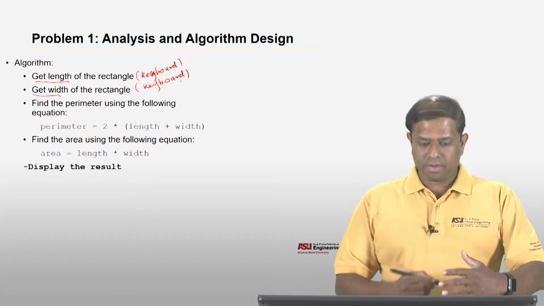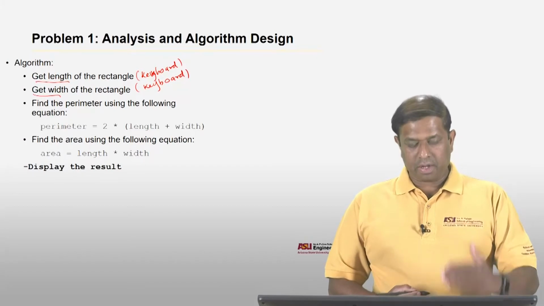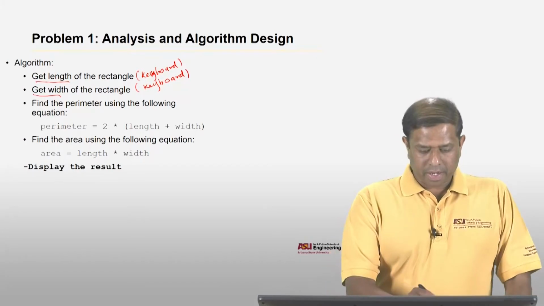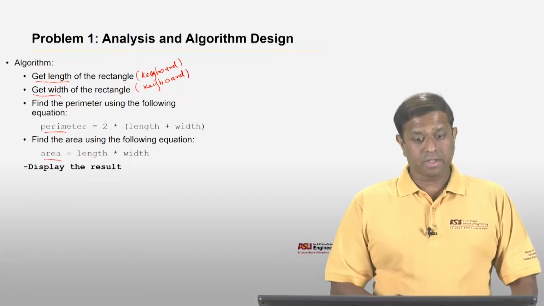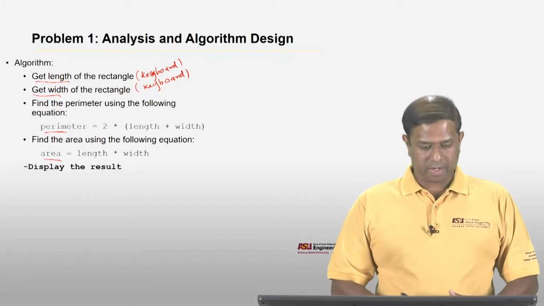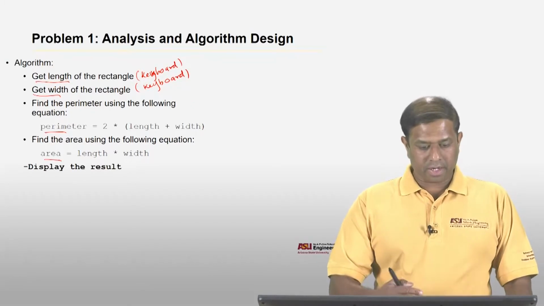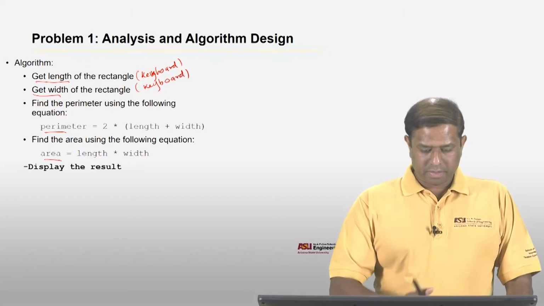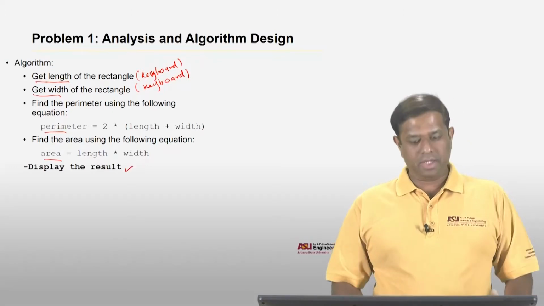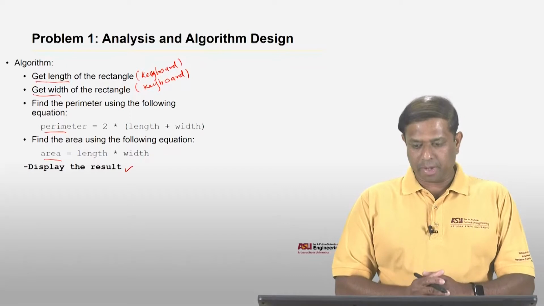So then we can read those two data values from the keyboard. Now after getting these two values, we can apply these two equations to calculate the area and the perimeter. So that's going to be the second and the third steps. After doing these two steps, we can display the results after calculating area and the perimeter, right?